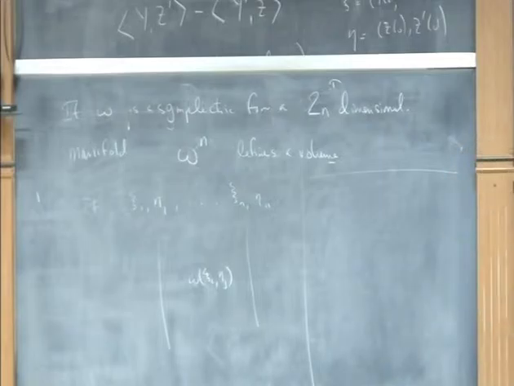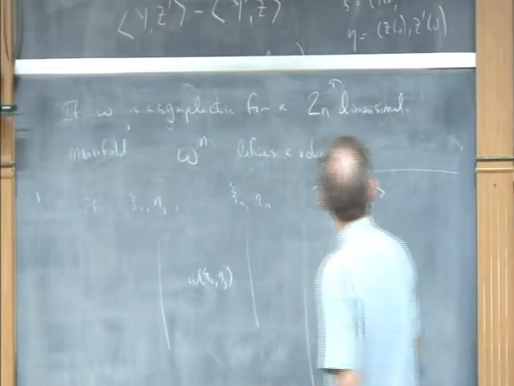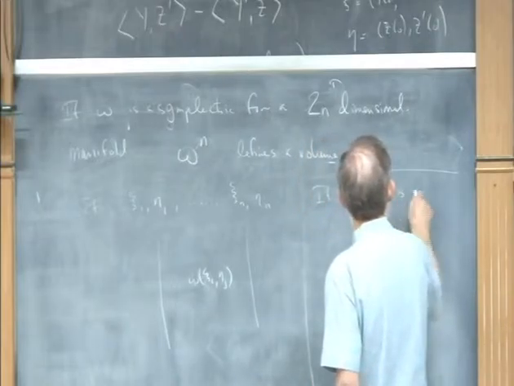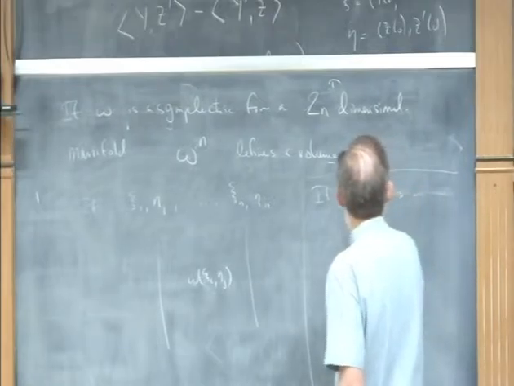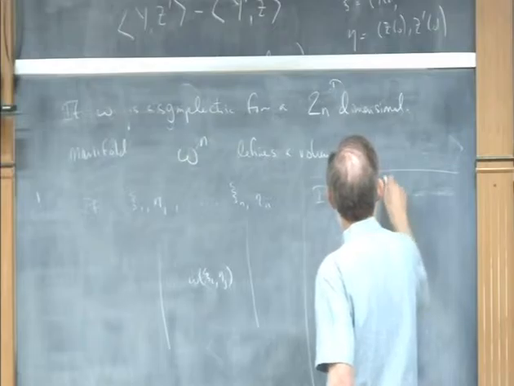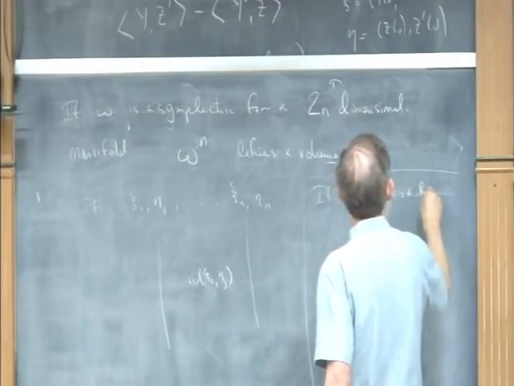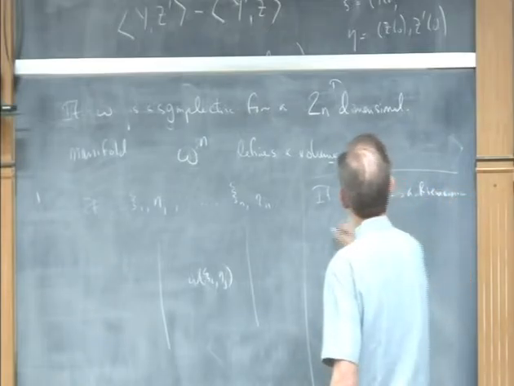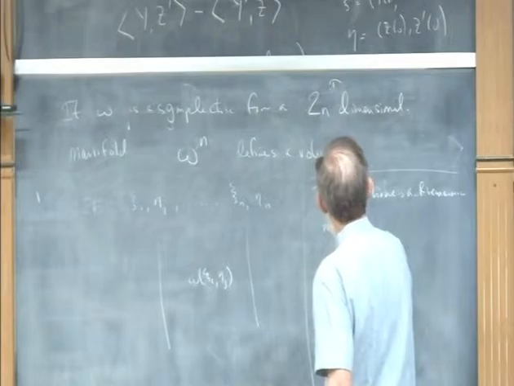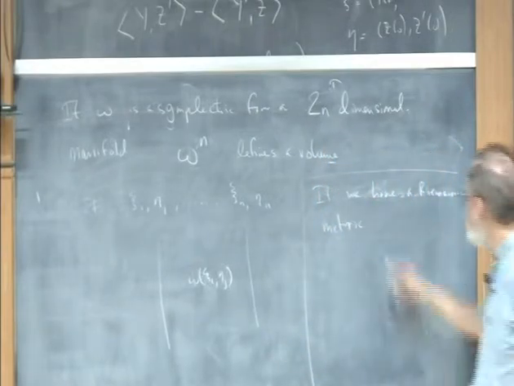There's another way of defining a volume. If we have an inner product, well, if we have a Riemannian metric, then we can define volume.